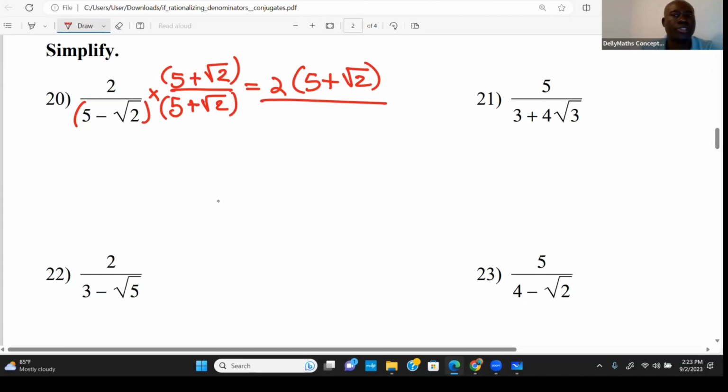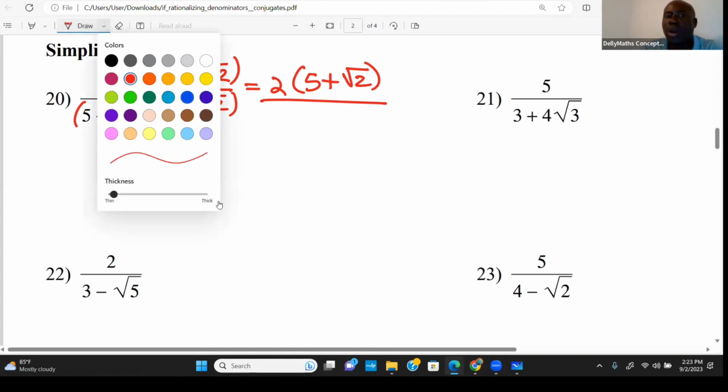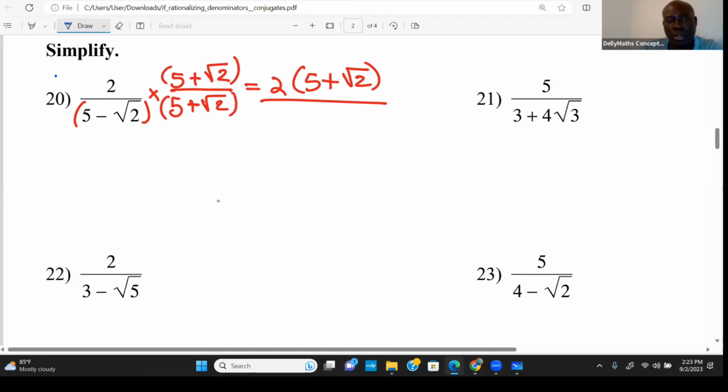Now, we could look at this the long way, or we could just look at a quick way out. Let us look at it the long way first, and then I'll show a quick way to get there. If I'm looking at this the long way, I'm going to have to distribute everything from this bracket in that bracket, right? So that's the long way out. Let us go.